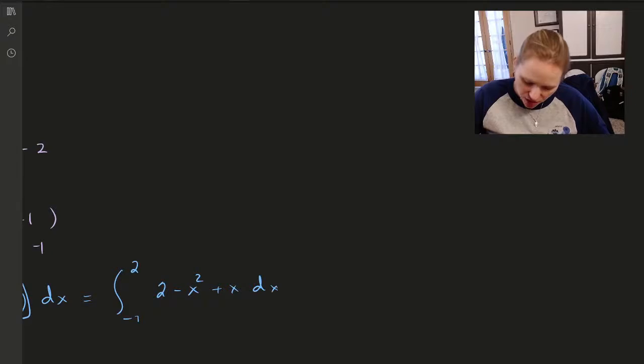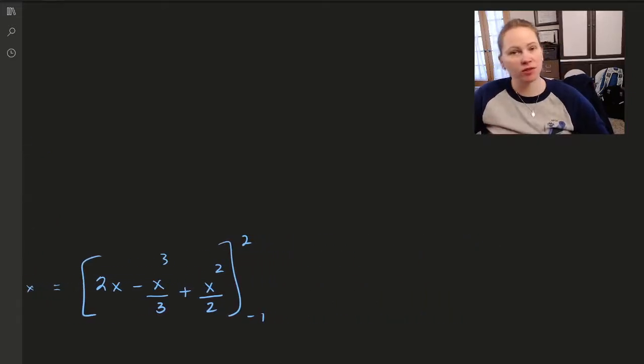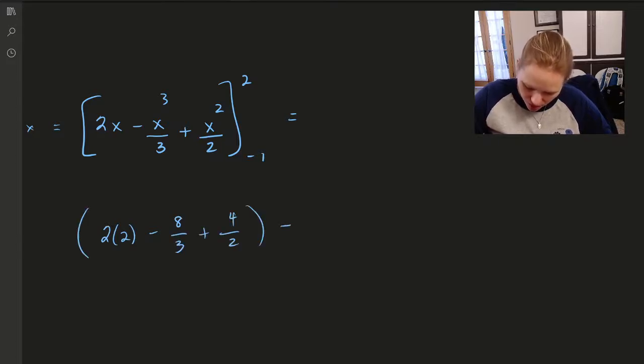So the antiderivative there is going to be 2x minus x cubed over 3 plus x squared over 2, and we're going to evaluate that from -1 to 2. And yes, we're doing quite a bit of work here. So as we work it out, we're going to have 2 times 2 minus 8 over 3 plus 4 over 2. Oh, minus 2 times -1 plus 1/3 plus 1/2.